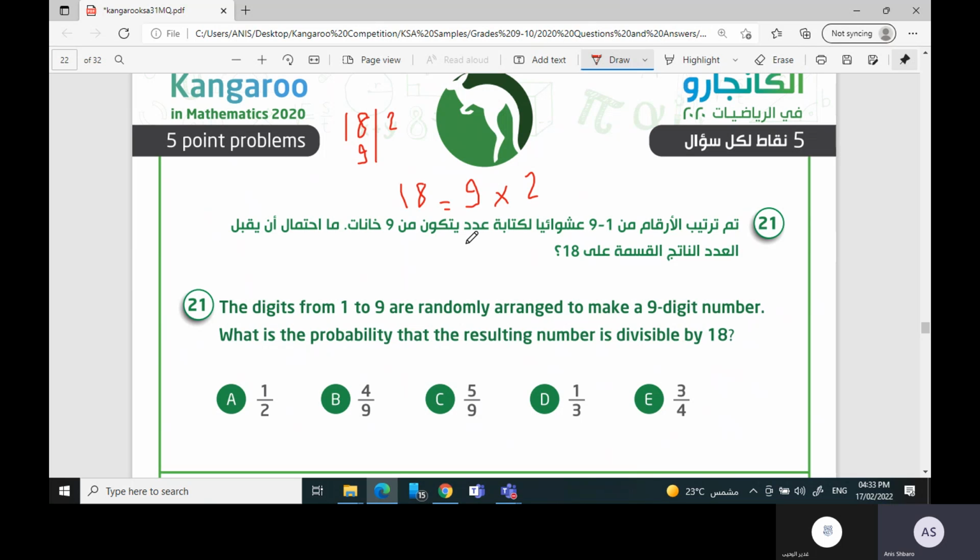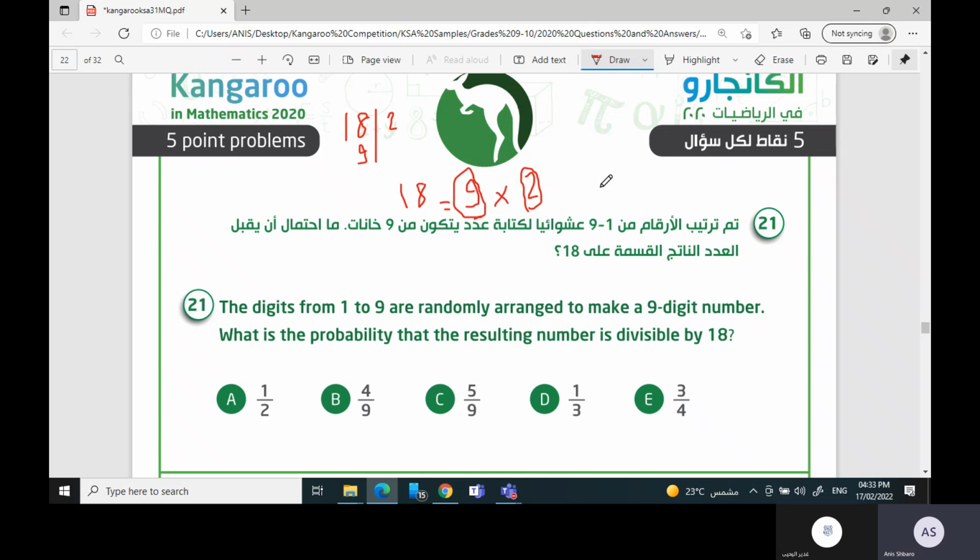This is the definition of a number divisible by another number. So 18 is equal to 9 times 2, so this number must be divisible by 2 and also divisible by 9. Small reminder, all the even numbers can be divided by 2, are divisible with 2.